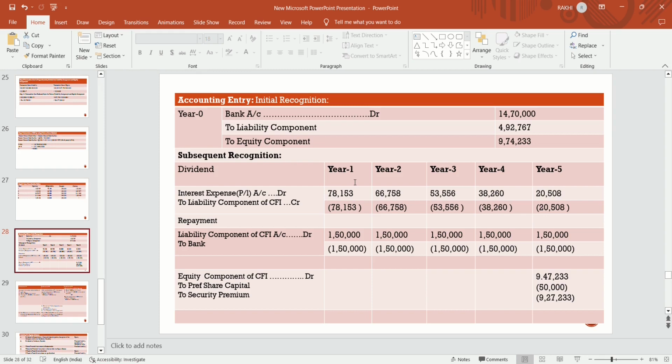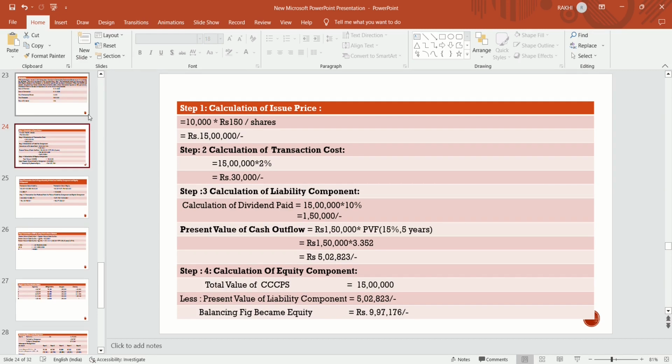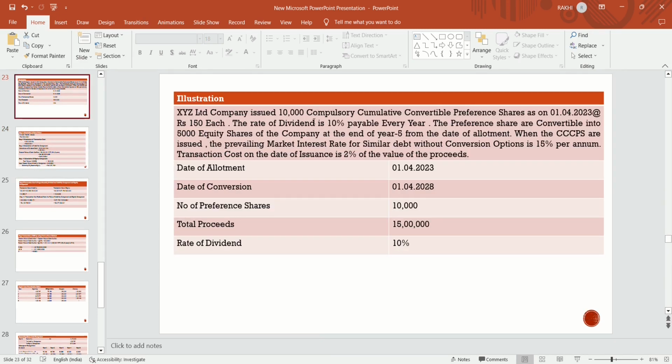Now at year 5, they have to convert wholly, not redeem. They converted the whole amount into shares. In this case, the equity component of CFI becomes 9,74,233. The preference share capital: the number of shares in the question is 10,000 convertible debentures converted.